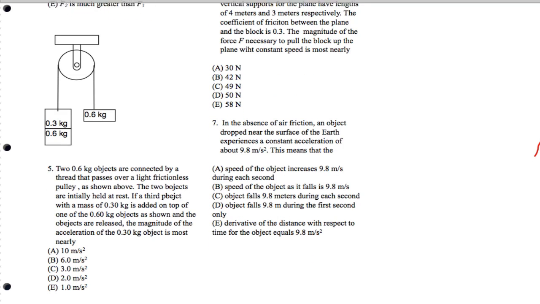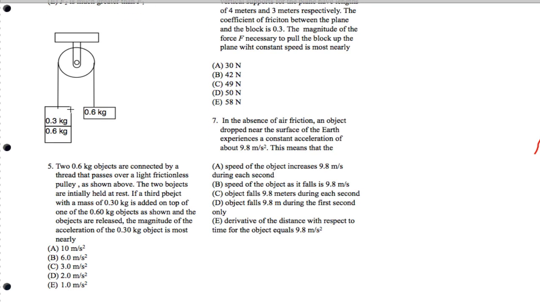Now here we've got 2 objects connected by a light pulley. I love how they just kind of add this mass here, but this is just plain old 0.9 kilograms, and this is 0.6 kilograms, so we've got a tension here and a tension here. So when we use gravity as 10, we have 9 minus T equals 0.9a, and T minus 6 equals 0.6a.